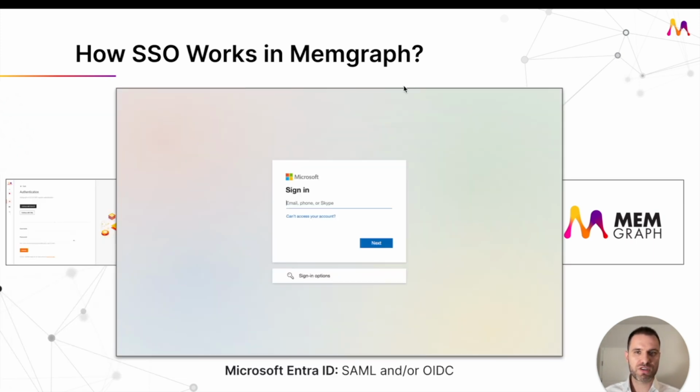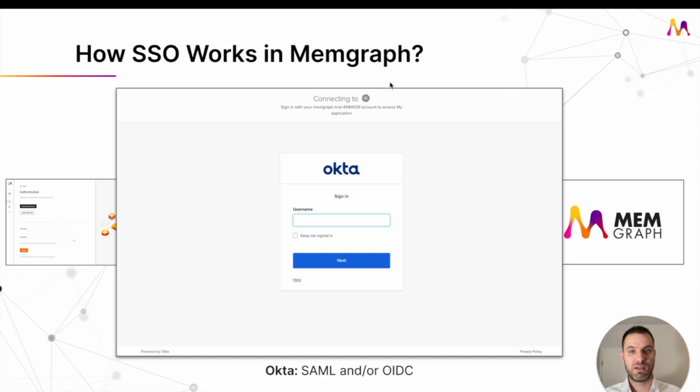Memgraph offers flexibility for your SSO needs. We support two leading identity providers, Microsoft Entra ID, formerly known as Active Directory, and Okta. Additionally, you can choose between two industry standard authentication protocols, SAML or OpenID Connect, or even OAuth 2, to seamlessly integrate with your existing infrastructure.